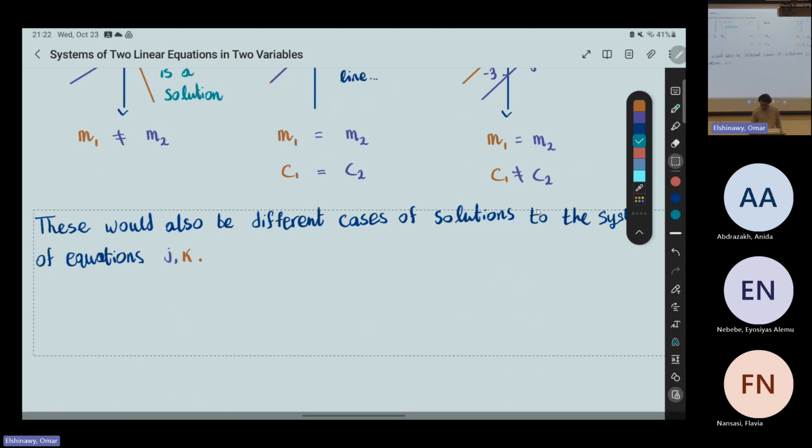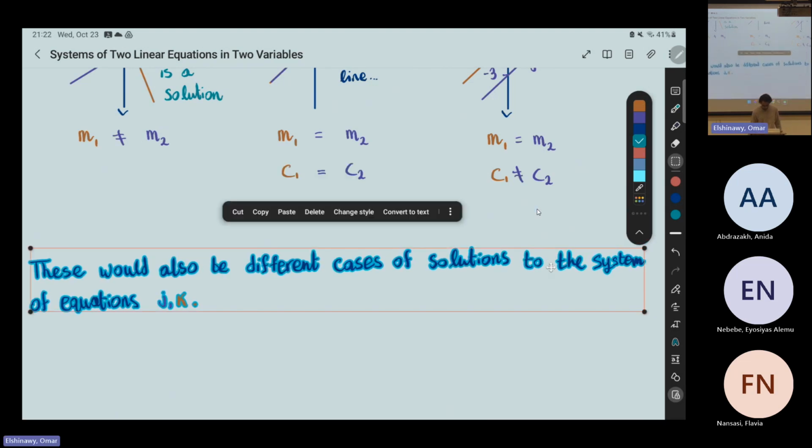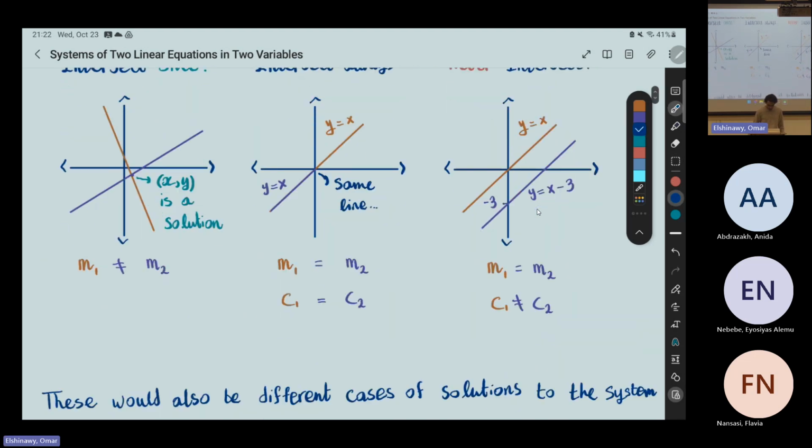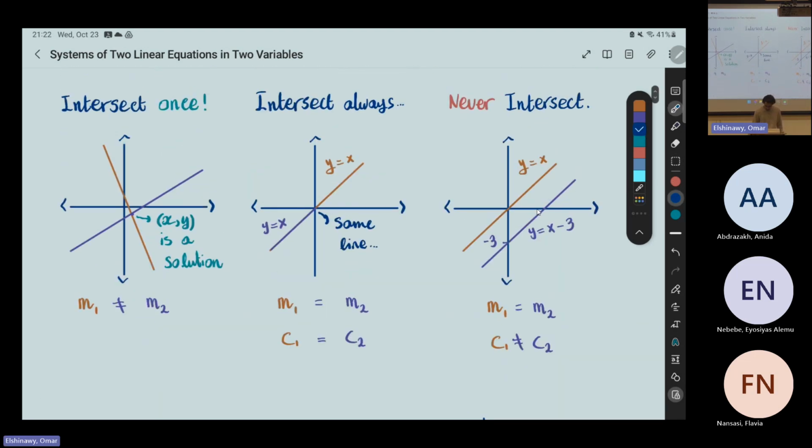So I'll write this note down, and then we'll start doing some exercises. So in this case, where they intersect once, we have one solution, and it's a unique solution.